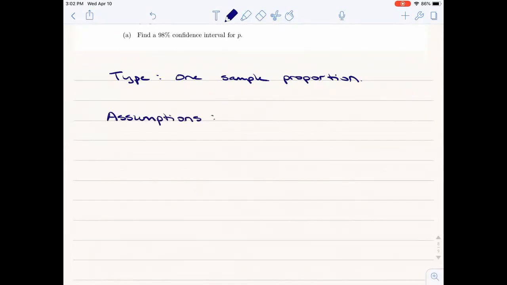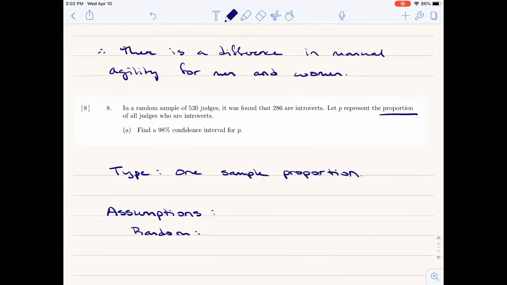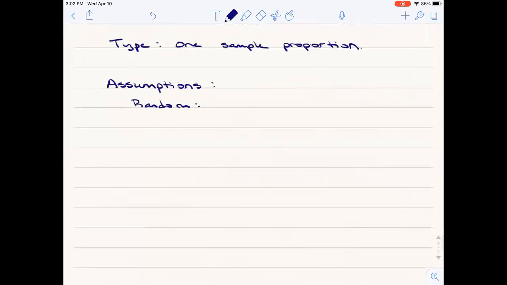Our assumptions. Well, the first assumption is that we have a random sample. It says in a random sample of 520 judges, so I'll just say that it was stated. The next thing we have to check is that n is less than 10%.